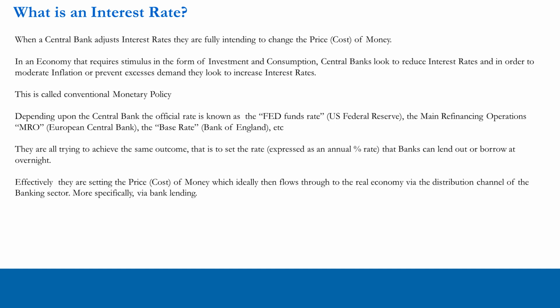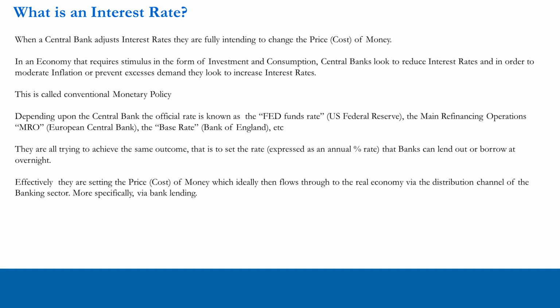Now, depending on where you are in the world, we have different central banks across the world, and we have different terms used for interest rates. Okay. So depending on where you are, the official rate in the US is known as the Fed funds rate.